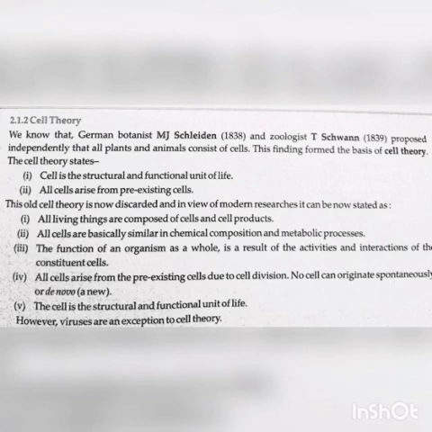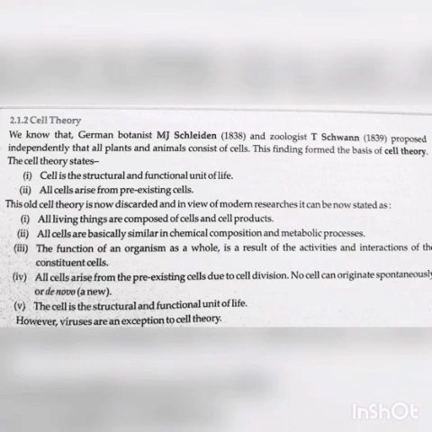This old cell theory is now discarded, and in view of modern research, it can now be stated as: all living things are composed of cells and cell products. Next point, all cells are basically similar in chemical composition and metabolic processes.